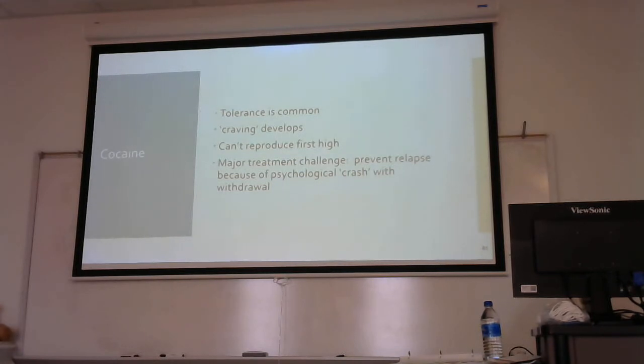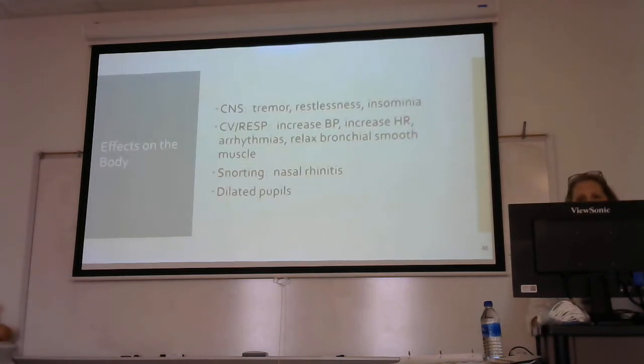Tolerance is common. Cravings, meth, bad cravings. And preventing that relapse is hard because they have that physiological crash and they will reuse in order not to have that. So if we're stimulating, we have tremors, restlessness, increased blood pressure and heart rate, arrhythmias, dilated pupils.